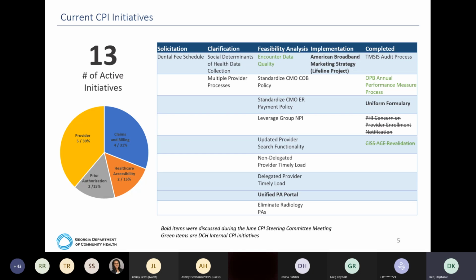The other item that we are working on in the provider work group is related to provider timely loads. Right now, the focus is on the delegated roster, and so we've received a lot of information from some of our large health systems on ways to improve the collection of information from them. This is information that goes to the CMOs so that they can ensure they have the right information to be able to load data on their sides.